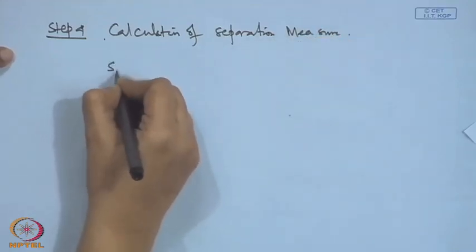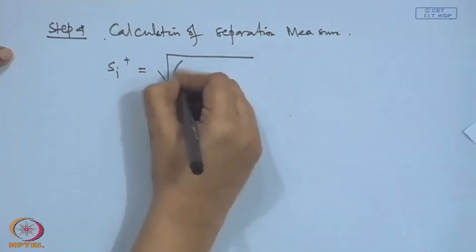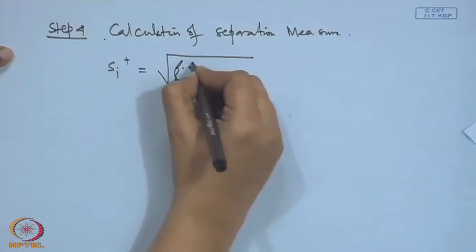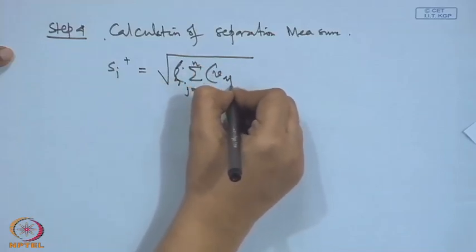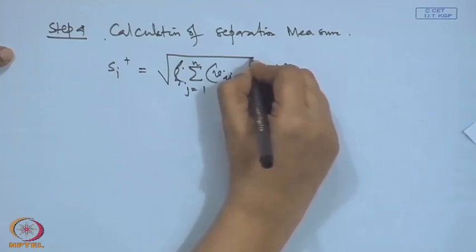How is the separation measure calculated? It is the sum over j equal to 1 to n of V i j minus V j plus, squared.